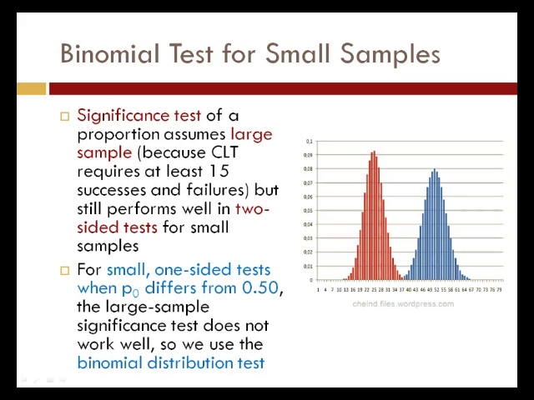It's called the binomial test for small samples. And actually, Minitab will do this test too. There's a little box that you check to tell it to use it for large samples. And I want you to actually check that box, because then your numbers will match what you've done in the calculator. If you don't check that box, your numbers won't match, but they'll actually be more accurate, because this binomial test is what we're supposed to use whenever we don't have at least 15 and 15.